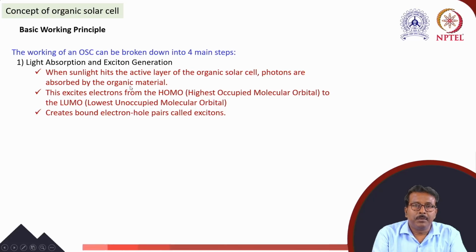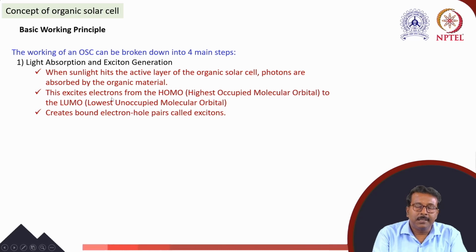In case of organic solar cell, if light is incident on organic material, excitons are generated, and these excitons have a high binding energy. Let us first concentrate on what is exciton and what is the difference between electron hole pairs and exciton.